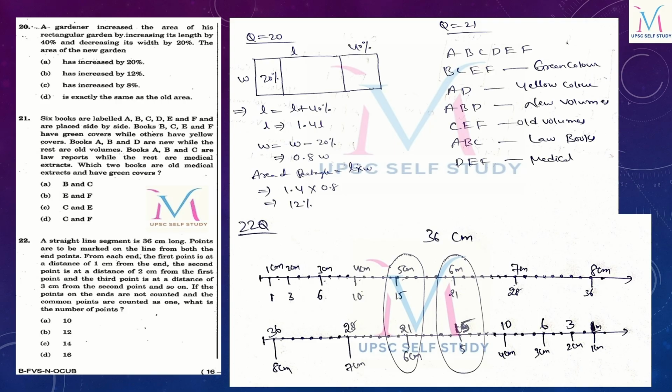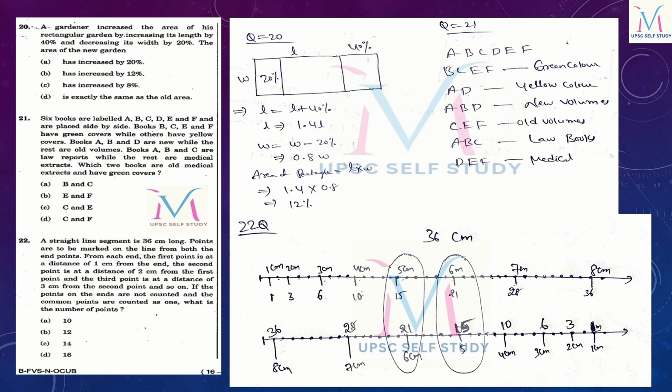So the new length is equal to the actual length plus 40%. We don't know the actual length, so L is equal to L plus 40%.